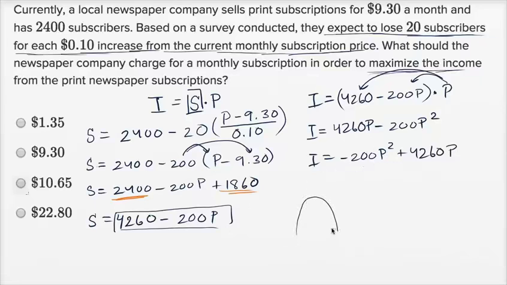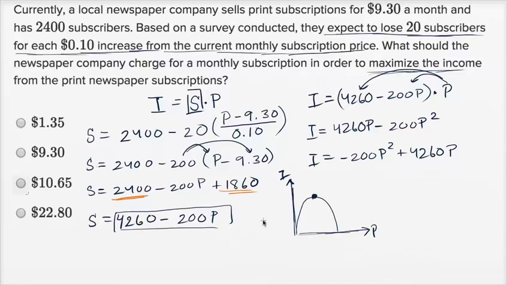So this graph, I as a function of P, so if this is the I-axis, and this is the P-axis right over here, we know that it's going to be a downward opening parabola, and that's good because we want to find a maximum point. A downward opening parabola will actually have a maximum point.